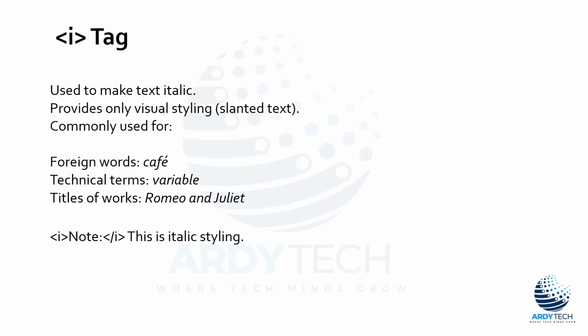We also have another text formatting tag, which is the italic tag. It's used to make text italic, which means it can be used to make text slant. For example, if we have boy here, and we use the P tag for this piece of text, what will happen is that this text will be displayed in a vertical way.